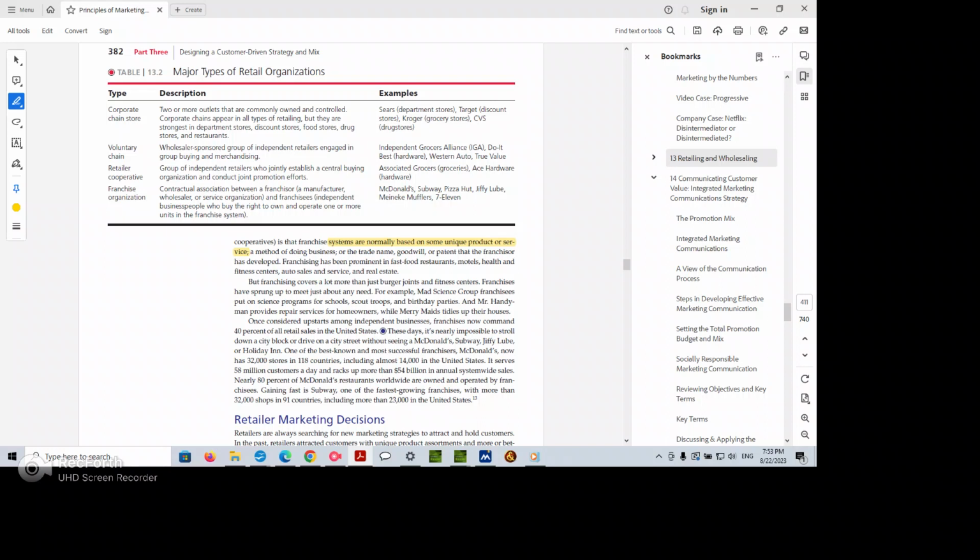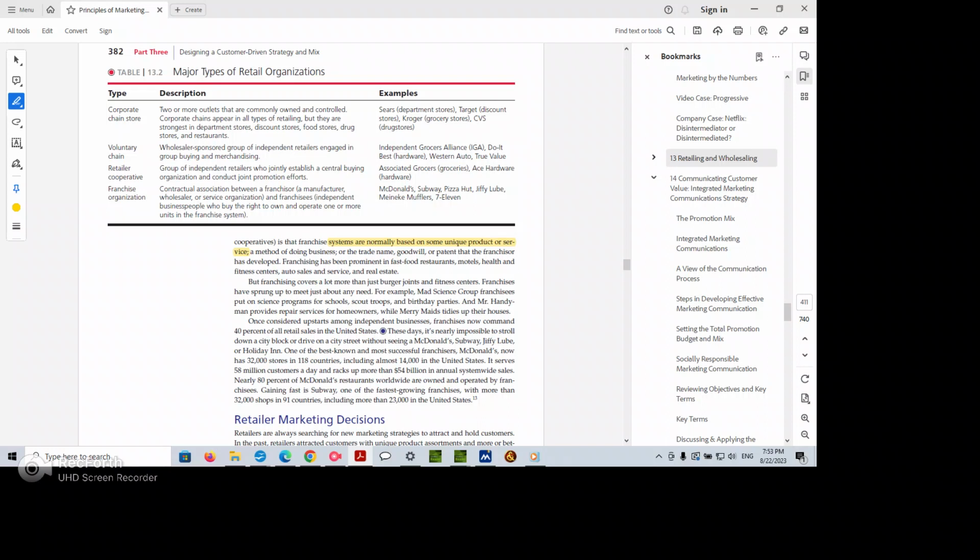One of the best known and most successful franchisors, McDonald's now has 32,000 stores in 118 countries, including almost 14,000 in the United States. It serves 58 million consumers a day and racks up more than 54 billion dollars in annual system-wide sales.